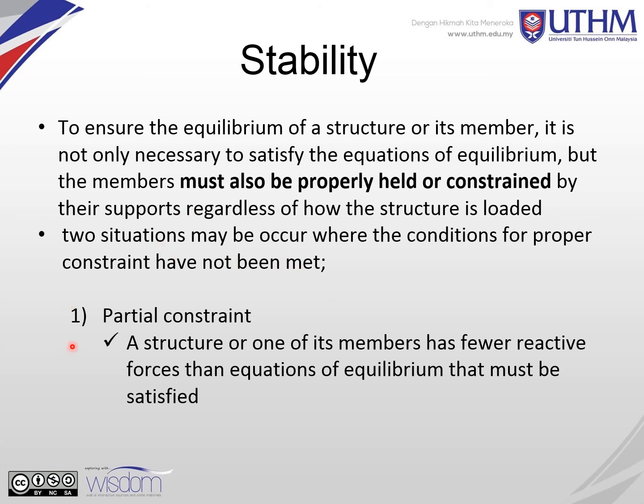Number one is partial constraint: a structure or one of its members has fewer reaction forces than the equations of equilibrium that must be satisfied. For example, you need 3 reaction supports, but you only have 2, which is fewer than needed.